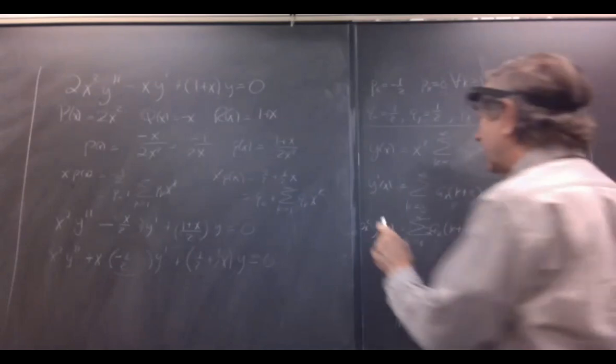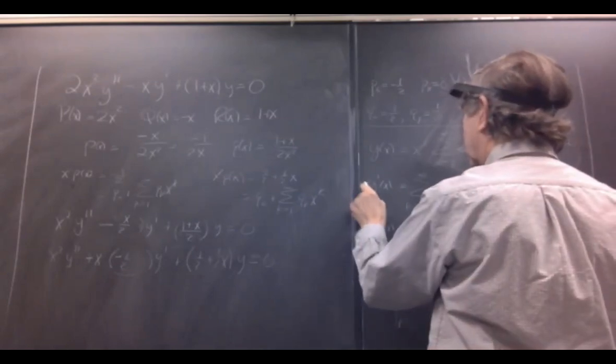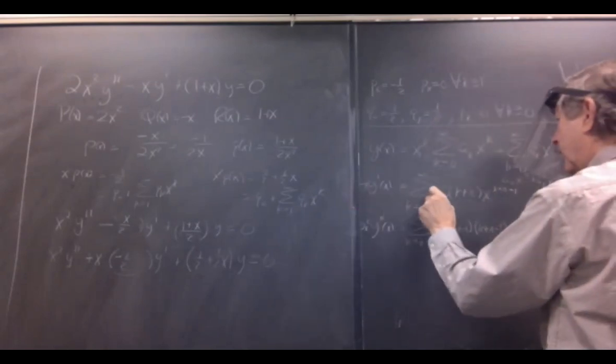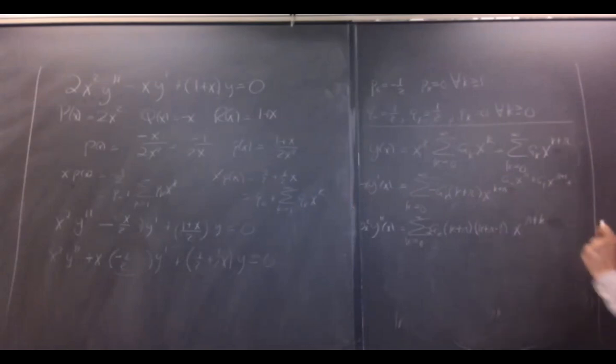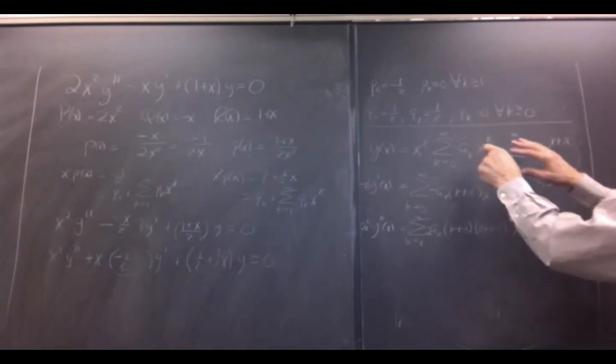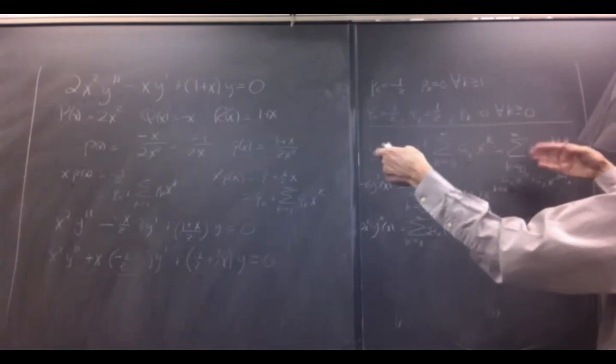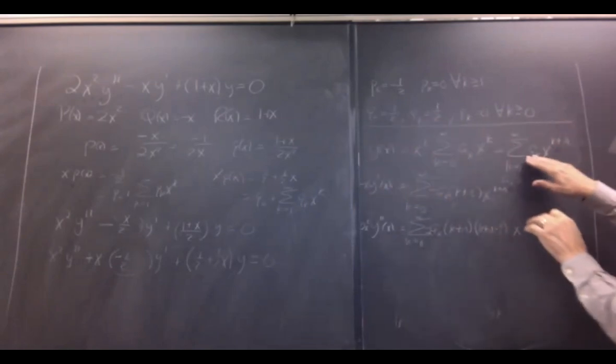I'm going to take the minus x and multiply it times y prime, and that's going to put a minus here maybe on the a_k, and over here this is going to be x to the r plus k. And then this one's a little more trouble because I got to multiply by 1 plus x in this problem.